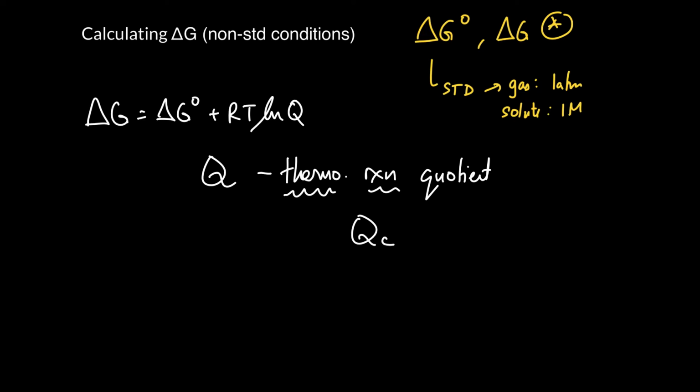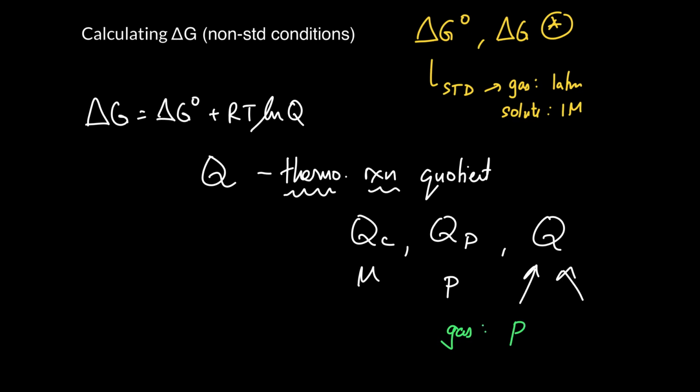Well, you've seen Qc, where we use concentrations. We have seen Qp, where we use pressures. And it turns out that when we have Q, that is the thermodynamic one. And it means that when we're dealing with gases, we use pressures. And when we're dealing with solutes, we use moles per liter. And so we mix and match.